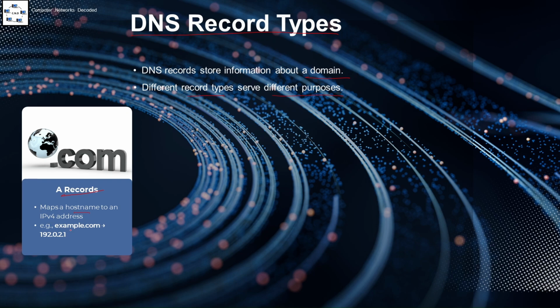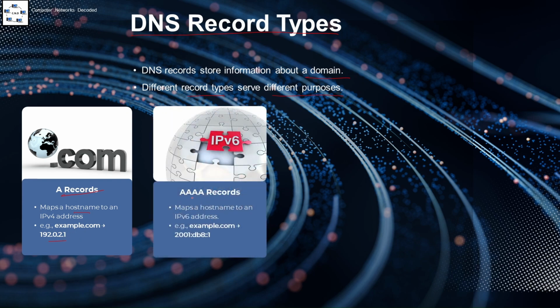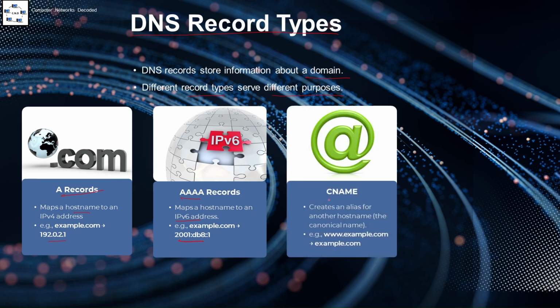For example, example.com may be mapped to 192.0.2.1. Next is the AAAA record. This basically maps a host name to an IP version 6 address. For example, example.com may be mapped to an IP version 6 address. Next record type is the CNAME, which is the canonical name. It creates an alias for another host name, that is the canonical name.